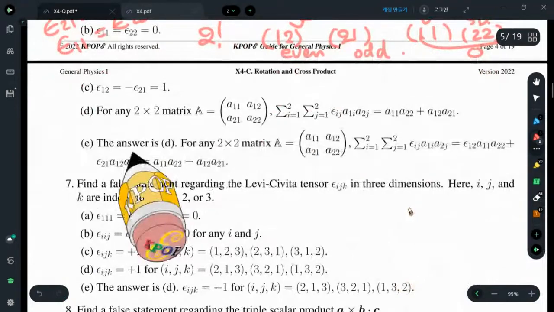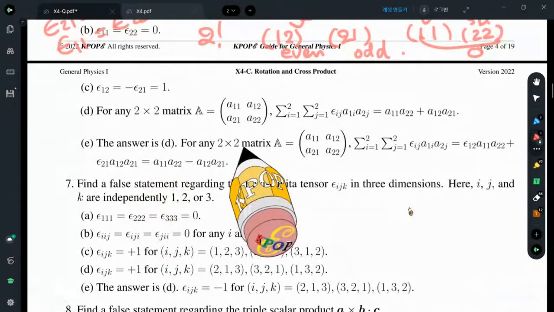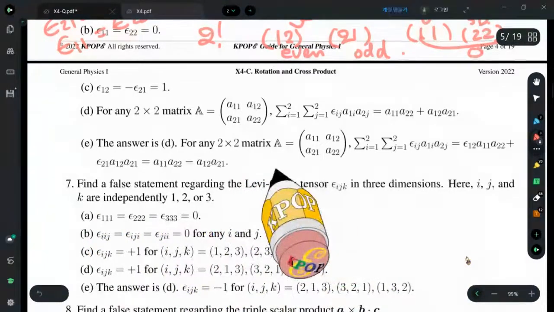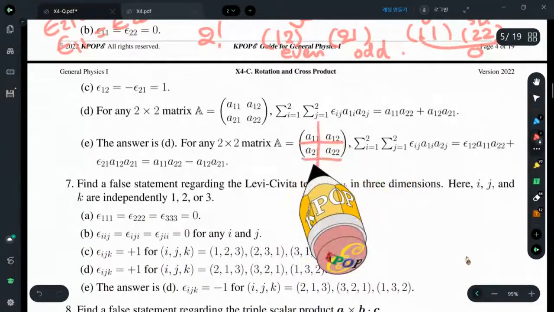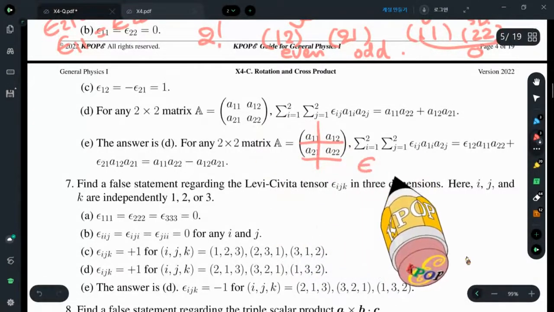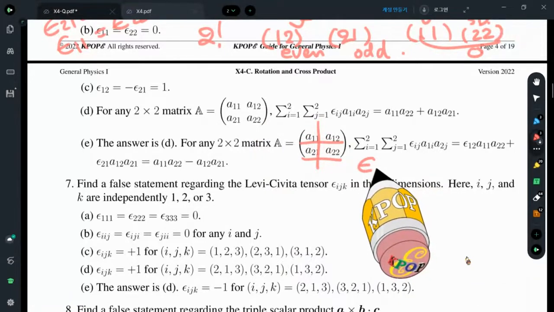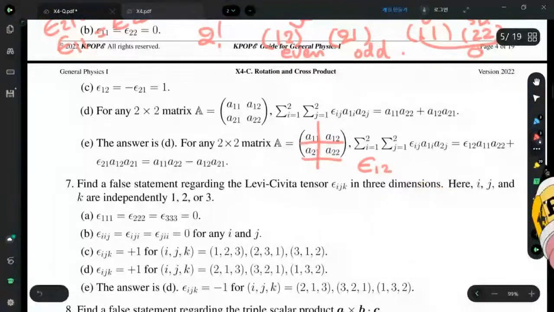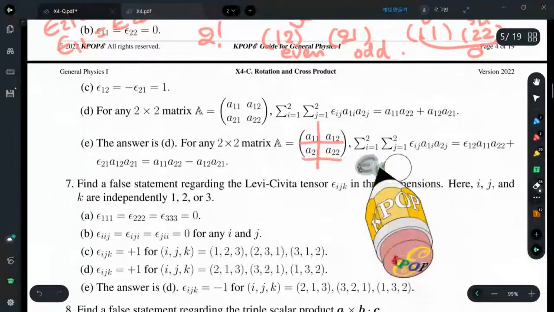Using this one, we can make a relation for 2 by 2 matrices. Okay. So we have a 2 by 2 matrix.